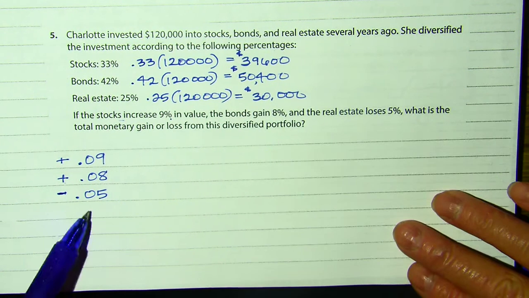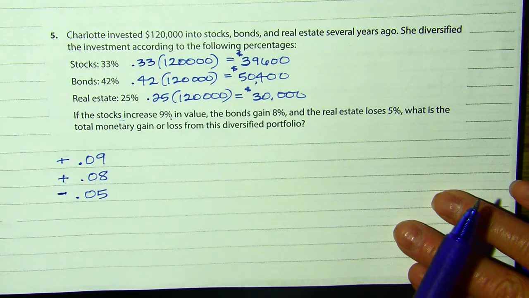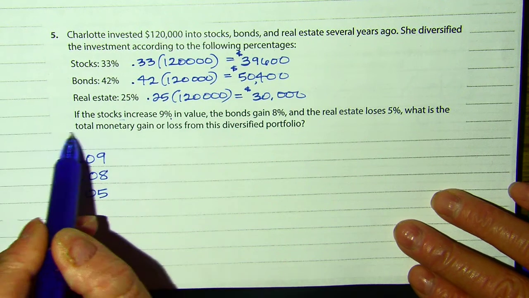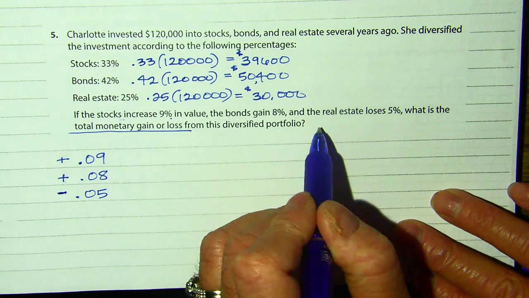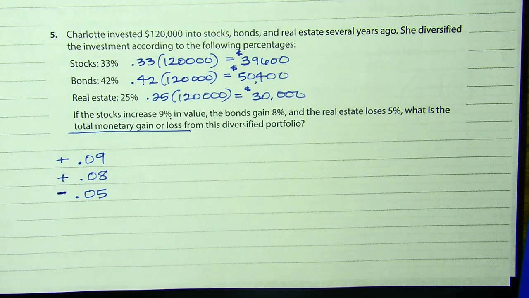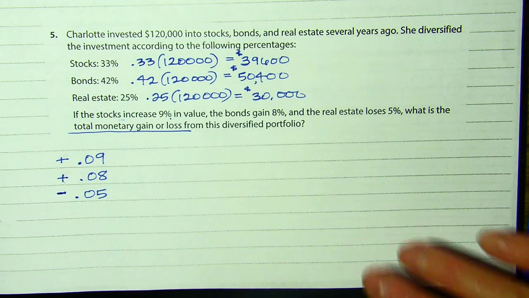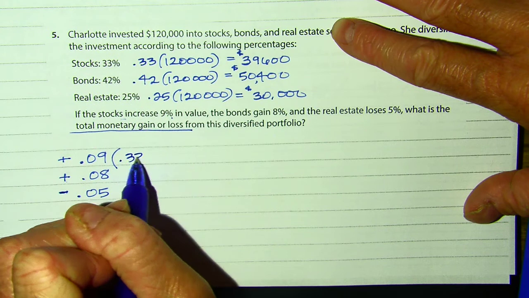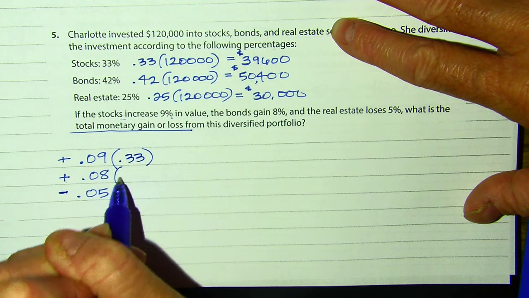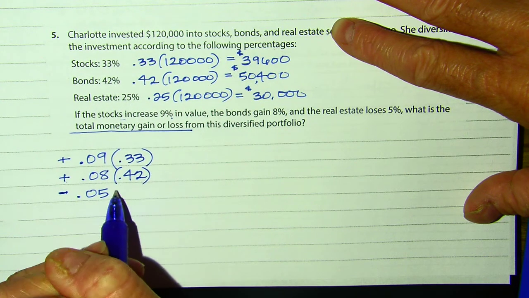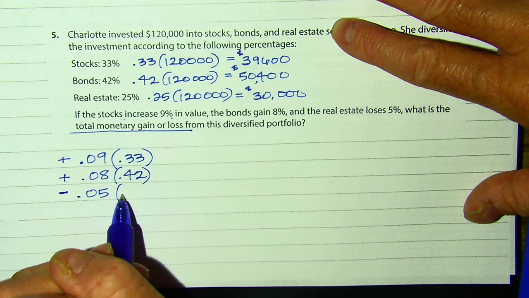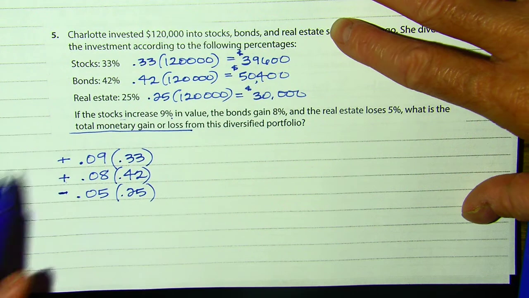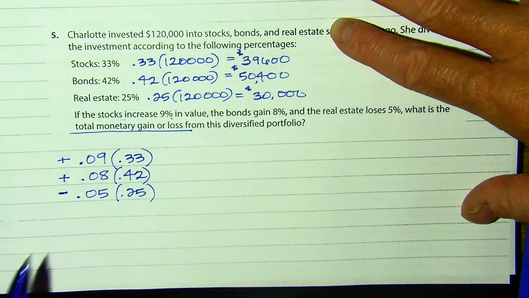You could multiply these by these percentages and add them together, but they want the total monetary, so they want the amount that was gained. So you can do this two ways: what's 0.09 of the 33%, what's 0.08 of the 42%, and what's 0.05 of the 0.25. And then I will add these two and subtract this one.